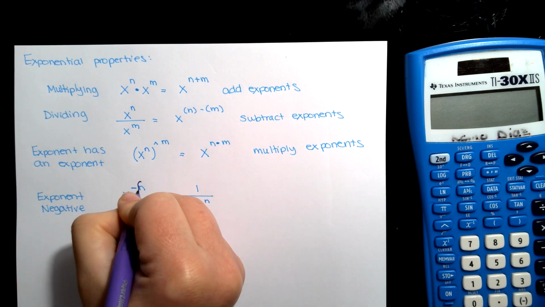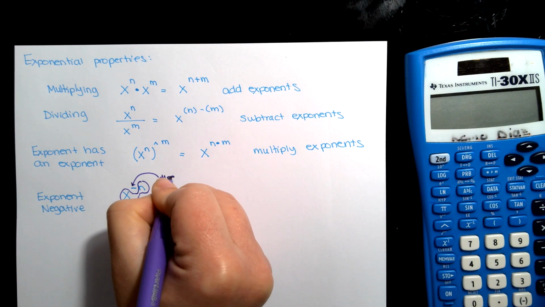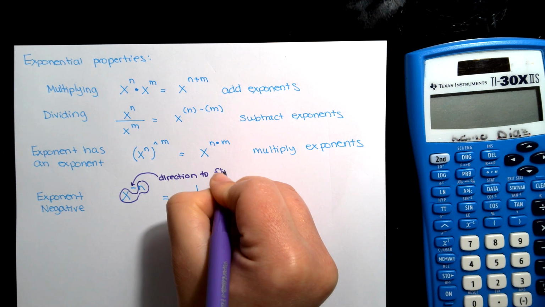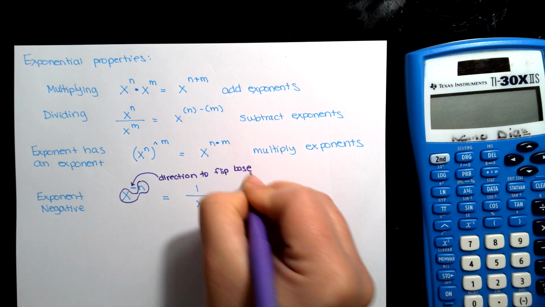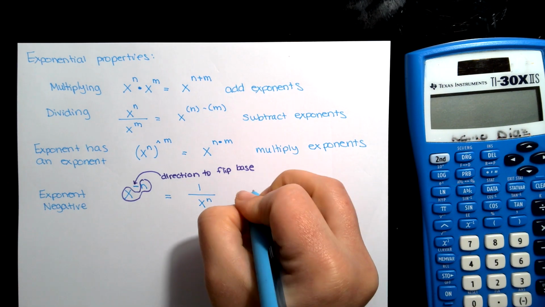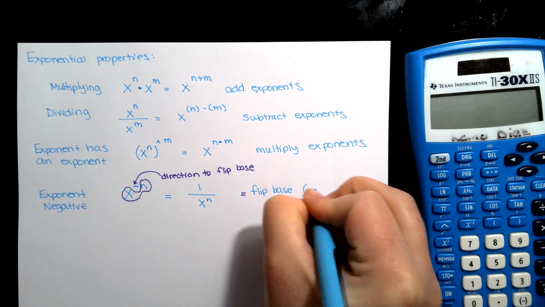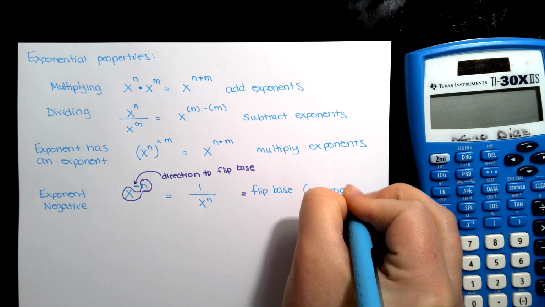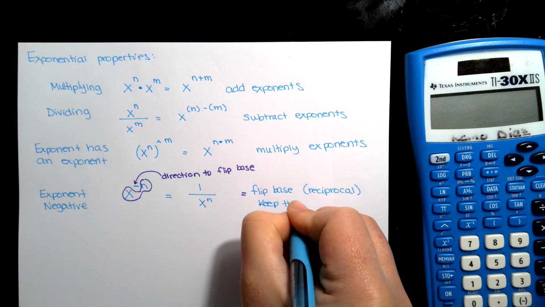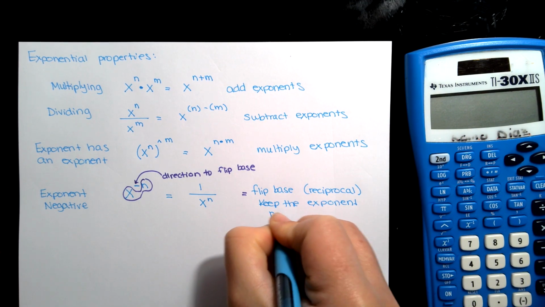Now this one again, the negative is the direction to flip the base. So you're going to flip the base. So take the reciprocal of the base, keep the exponent positive.